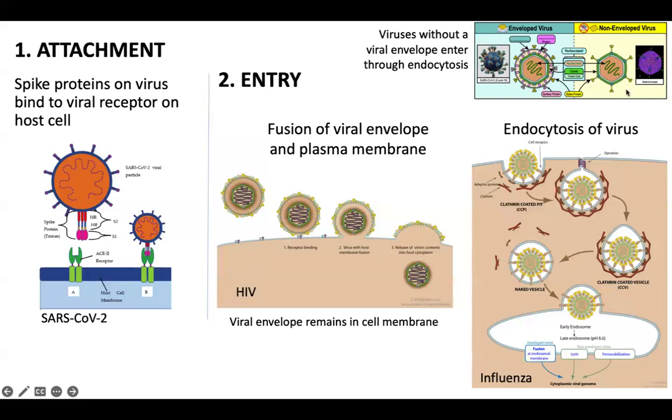And I'll note that most animal viruses do have that viral envelope. But if they don't have the viral envelope, they cannot enter through fusion, right? There's no viral envelope to fuse with the plasma membrane, and they would be entering through endocytosis.